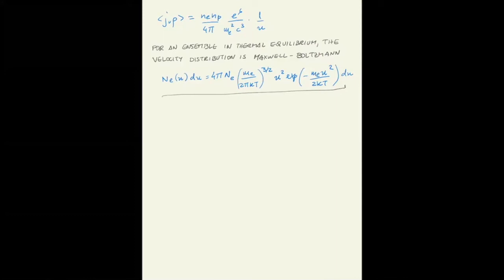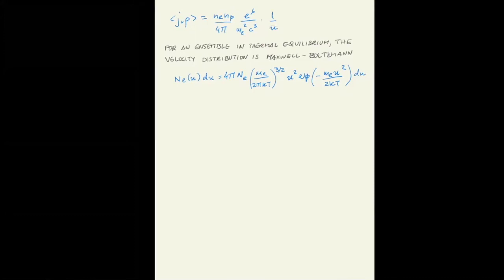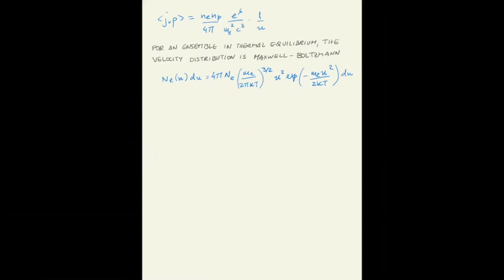You're going to be multiplying infinite by 0. The reason why an electron of 0 velocity would have an infinite emissivity is because the interaction time is very long. Remember that the interaction time was the impact parameter over the velocity. A very slow electron is going to spend a lot of time interacting with the proton, being accelerated and therefore emitting. But it's only a very, very small number of electrons that have this very small velocity. So the emission in the end is going to be finite.